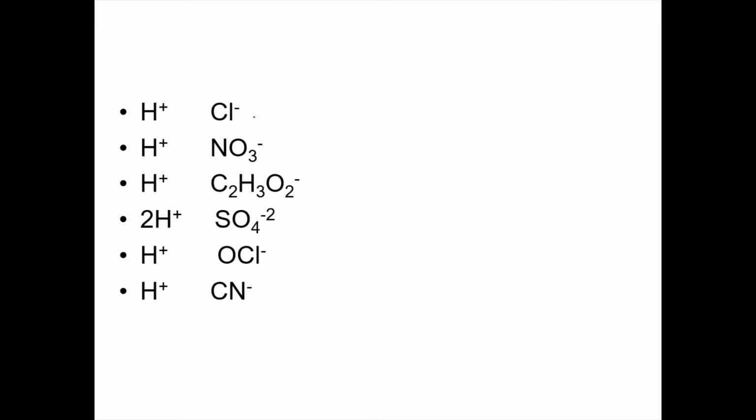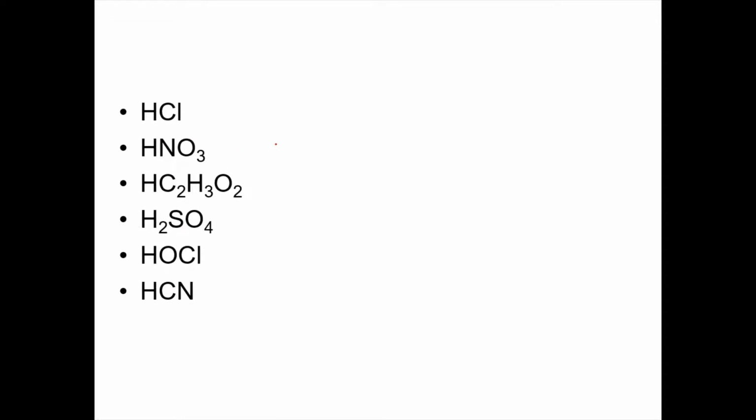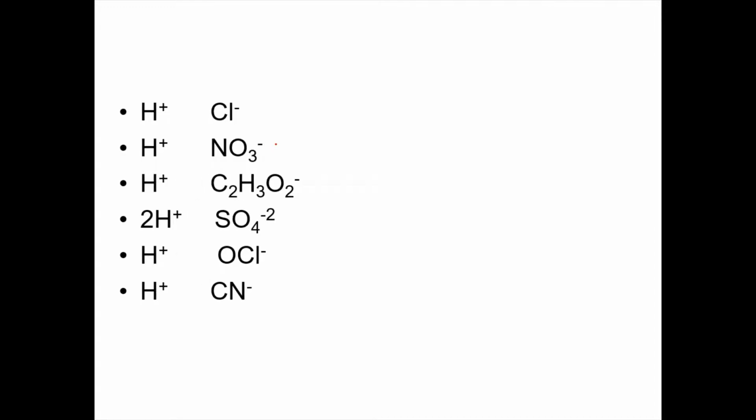And what we're left with, as we're going to see later on, is the conjugate base of each of these acids. So we start off with the hydrogens, those are the acids, and then the hydrogen separates from the rest, excuse me, of the molecule and leaves the conjugate base of it.